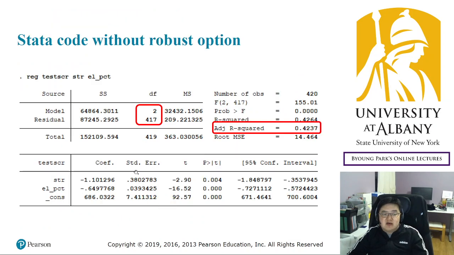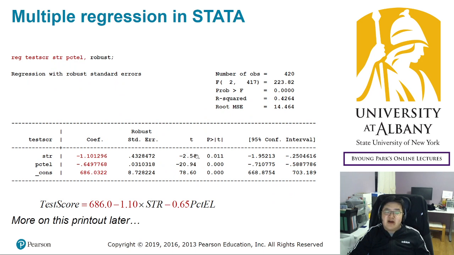That means you are underestimating the standard error if you do not use the robust option. And it may mislead: it looks like the t-stat is 2.9, but actually it is 2.5. So in this model, your coefficient is not statistically significant at 1%.